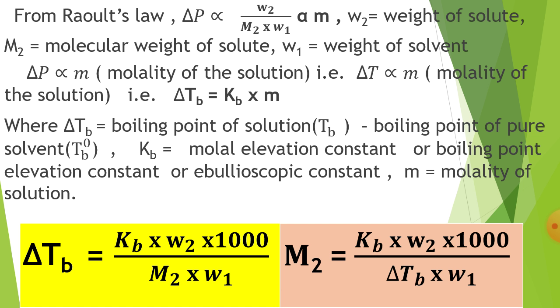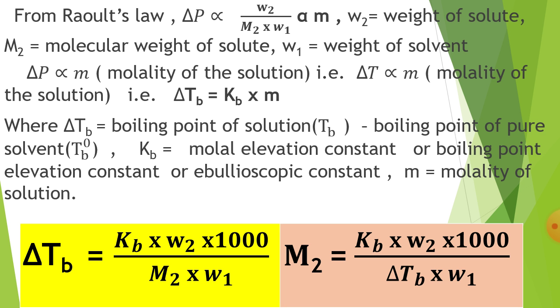Now from Raoult's law we know that delta P is directly proportional to the mass of solute divided by the molar mass of solute and the weight of solvent. This is proportional to molality. Here W2 is the weight of solute, M2 is the molecular weight of solute, and W1 is the weight of solvent. In that condition, delta P is directly proportional to the molality of the solution. Similarly, we can write delta T is directly proportional to the molality of the solution.